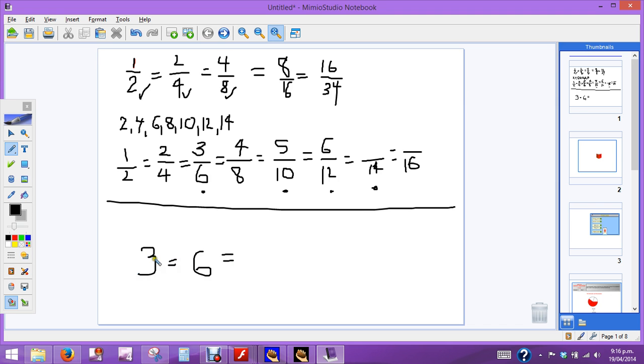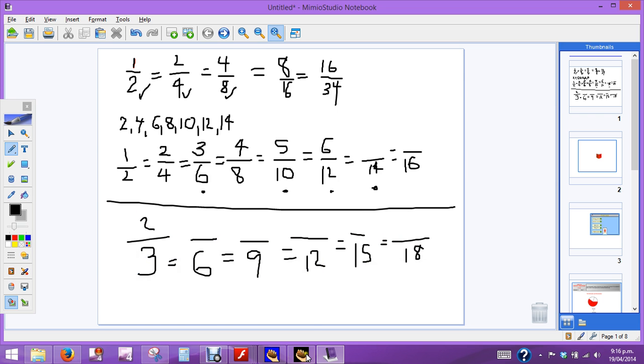What's next? 9. 3, 6, 9, then twelfths. What's next? Not 24, eh? 15. So we're going up in multiples of 3, counts of 3 along the bottom. And so many out of 18.